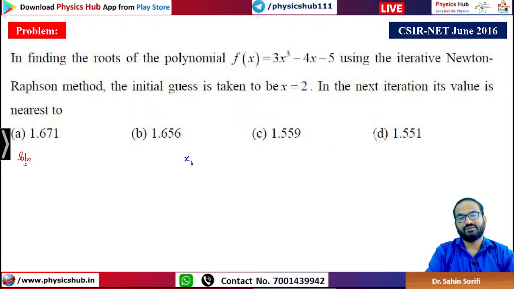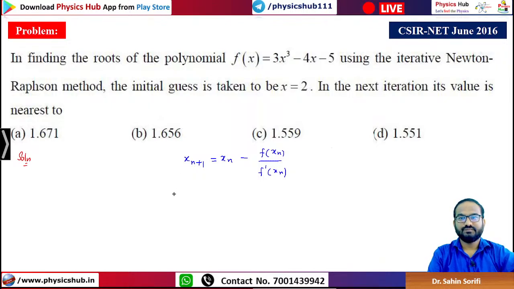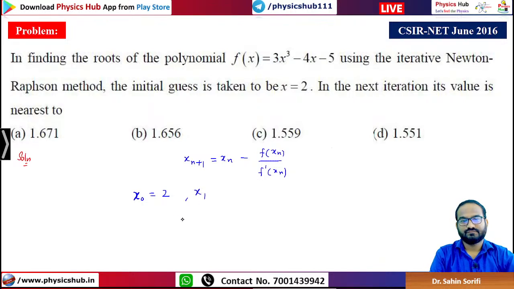Look, we have this formula xn plus 1 equals xn minus f of xn by f prime of xn. So what are we given? x naught is 2, and in the next iteration we have to find the value of x1 using this Newton-Raphson method.